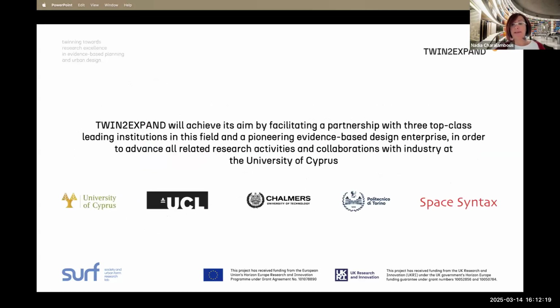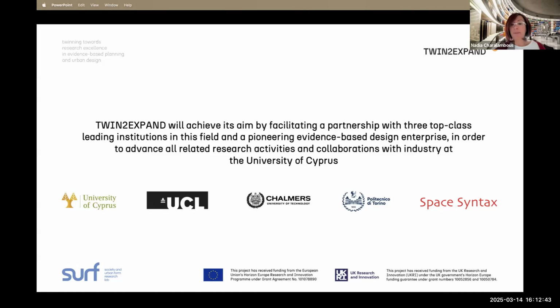The project has 5 partners, 3 very well-known academic institutions, especially leading in the field of sociospatial analysis and evidence-based design and planning: University College London, Chalmers in Sweden, and Politecnico di Torino.